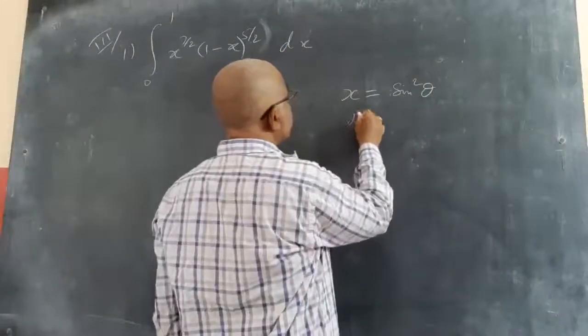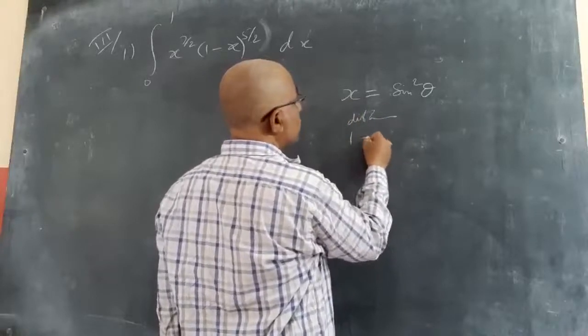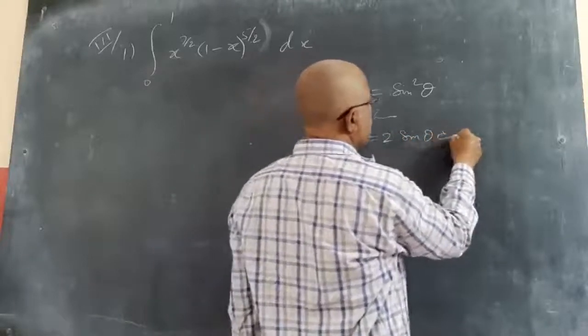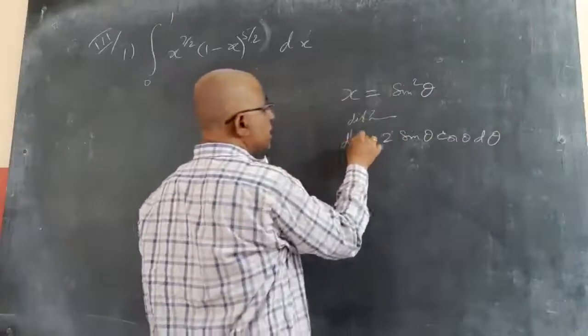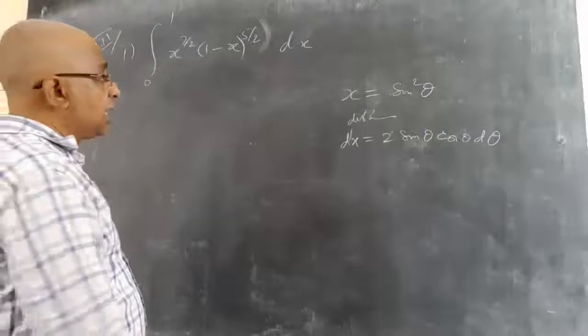Differentiating with respect to x, the derivative of x is 1, which equals the derivative of sin square theta, 2 sin theta into the inner derivative cos theta, into d theta by dx. That dx I will bring to this side. So in place of dx, I can write 2 sin theta cos theta d theta.